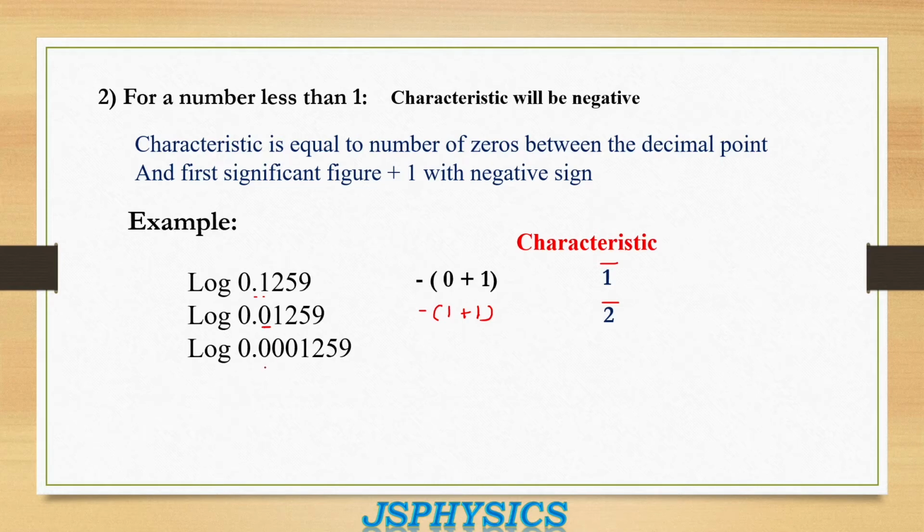Now here the number of 0 between decimal point and first non-zero number is 3: 1, 2, 3. So 3 plus 1, that becomes 4, and with negative sign it becomes bar 4. So for this particular number the characteristic will be bar 4. So what we have to remember is, if the given number is greater than 1, characteristic will be positive. If the given number is less than 1, characteristic will be negative.